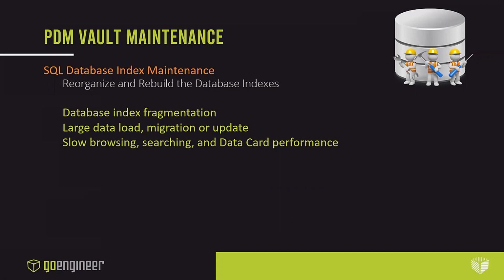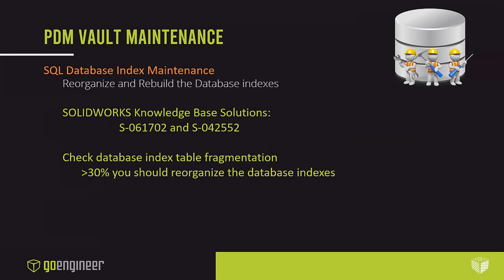The symptoms of database index fragmentation are slow browsing, searching, and data card performance. So if at some point you begin to notice that these things are progressively getting slower, and you're thinking, wow, when we first got PDM, it seemed to be quite snappy, and it's not so much anymore, this is something to look at. So what we want to do is what we call reorganize and rebuild the database indexes.